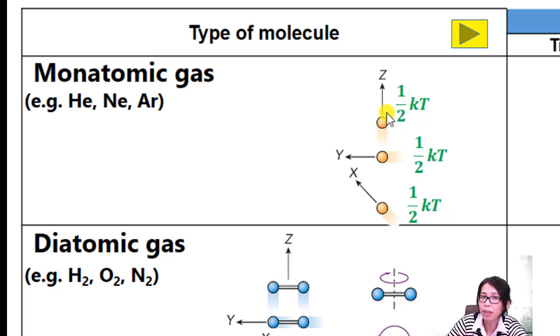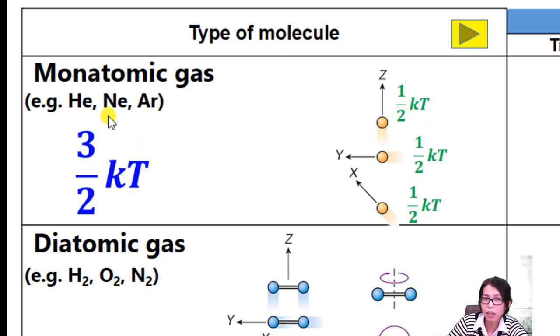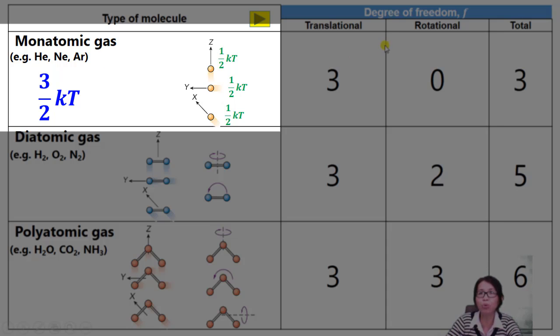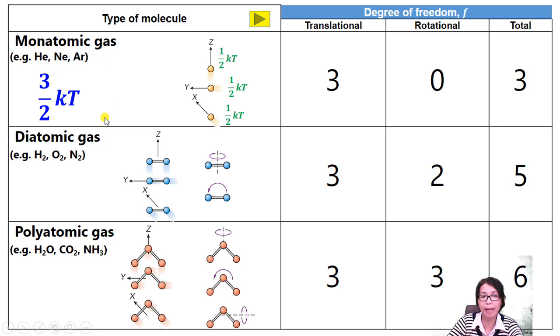Total up these 3, how many do we have? 3/2 kT. This is the total kinetic energy that a monoatomic gas can store or gain through the motion.